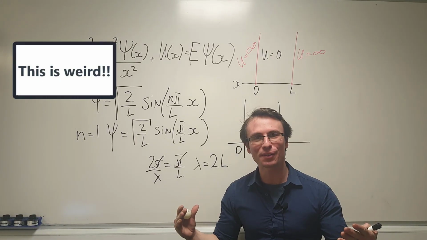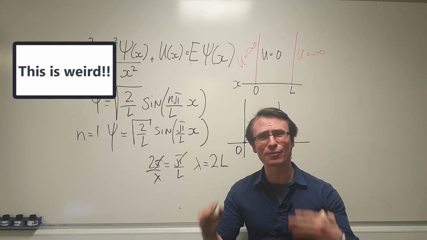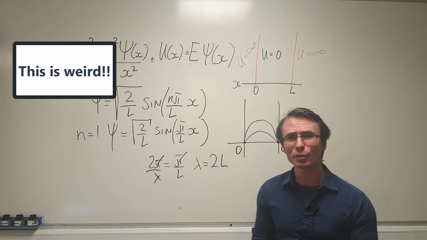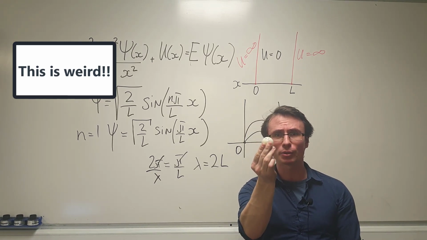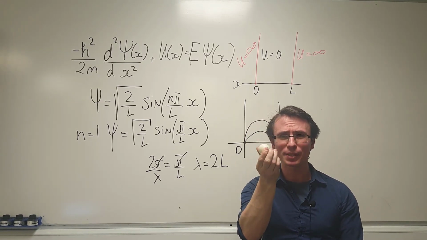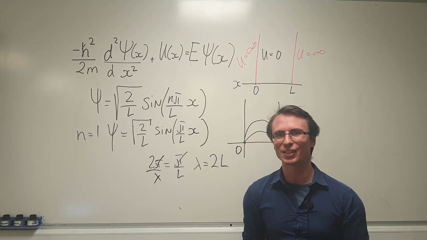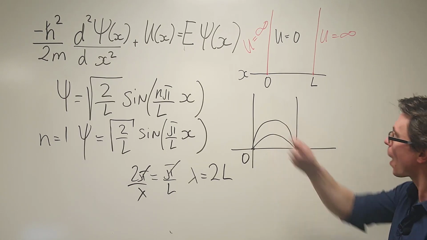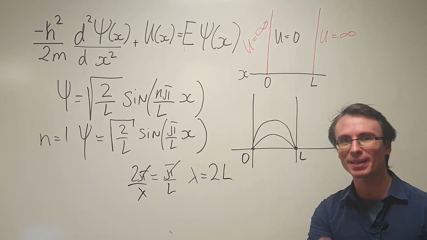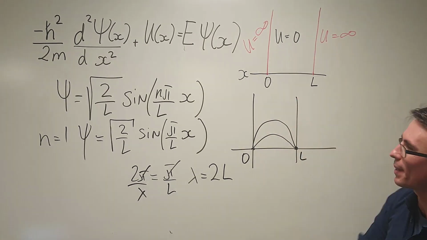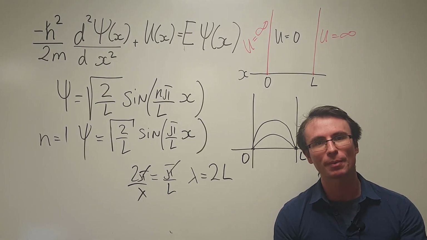The solution to this differential equation is telling us that the world is very weird on a small scale. What do I mean? Classically, if I have a particle in a box, the particle can have any position, it can have any speed, it is no more likely to be found at a given position. In quantum mechanics, the particle trapped within a quantum mechanical box has a much higher probability of being at the center of the box.